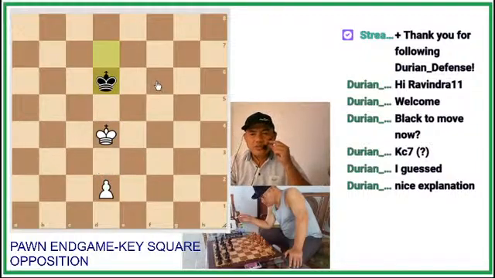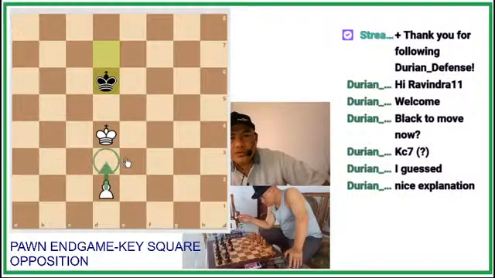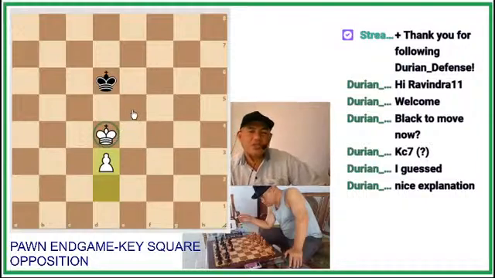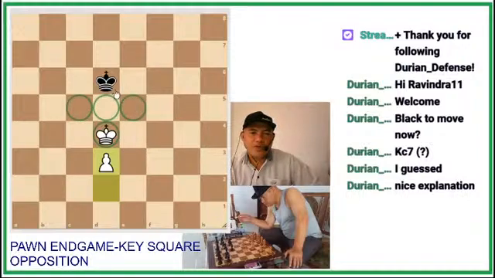In this position, even though black has the opposition, white has the extra move. This assures that white is winning by moving his pawn once. Now white has the opposition, and black is put in zugzwang because he has to leave one of the key squares.